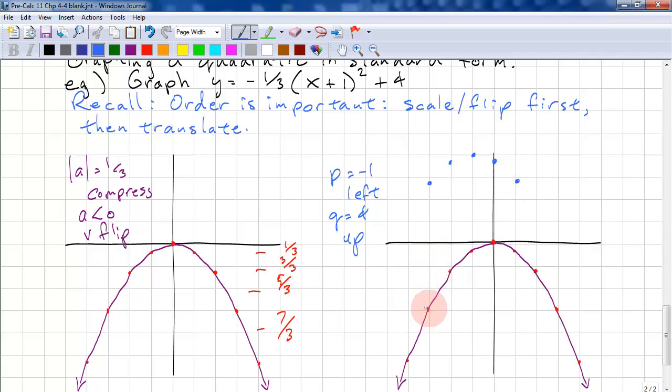And here we have left 1 and 4 up. And one more. Left 1 and 4 up. And we connect the points smoothly. And just a reminder, left 1, up 4. And that completes this lesson.